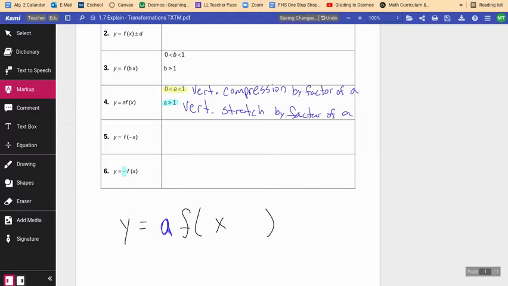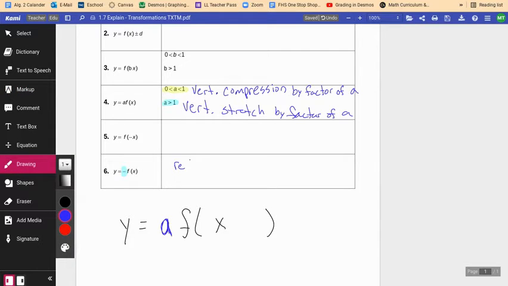All right, and then the third thing that A can do is back right here, number 6, which says y equals negative f of x. We still consider that part of the A value. If there's a negative at the very front, it is a reflection over the x-axis. That's important.